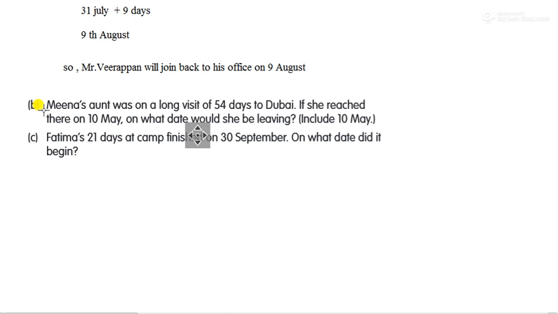Here the B bit is: Mina's auntie was on a long visit of 54 days to Dubai. If she reached there on 10th May, on what date could she be leaving? So include the 10 May.